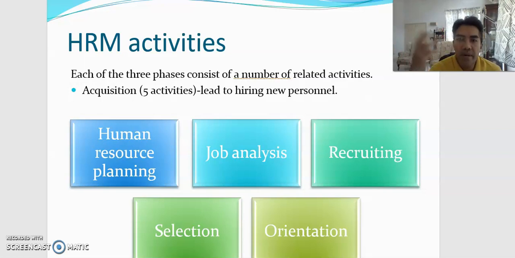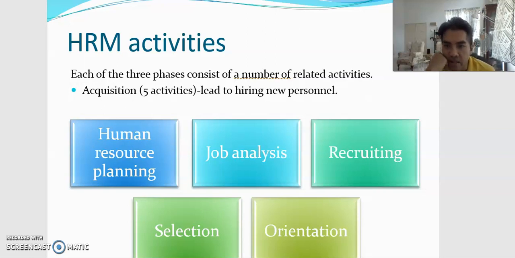So when we talk about HRM activities, we go for the acquisition first, the 5 activities leading to hiring new personnel. The first one is human resource planning, which involves identifying the demand and supply, how many new employees we need when we decide to open up a new branch.